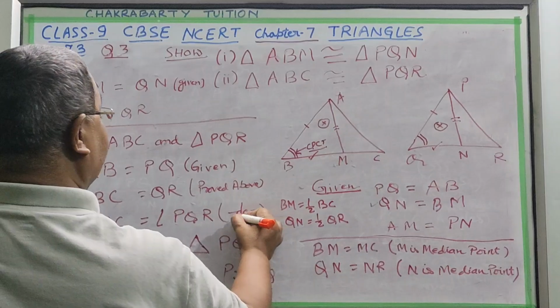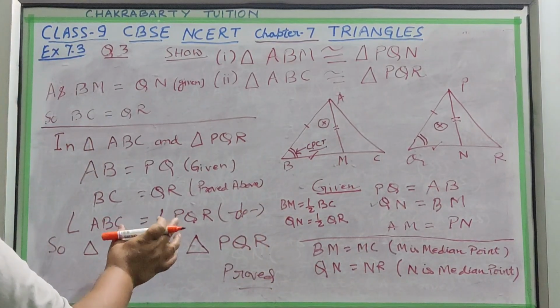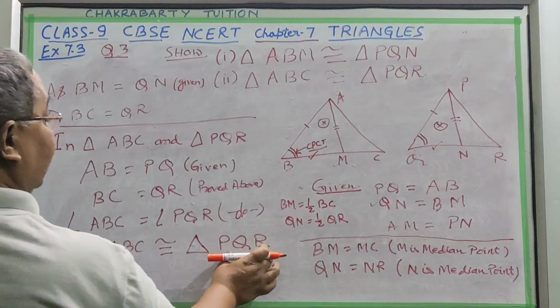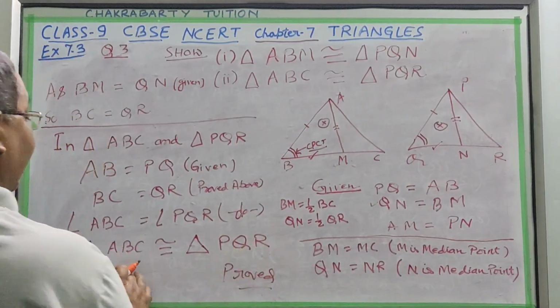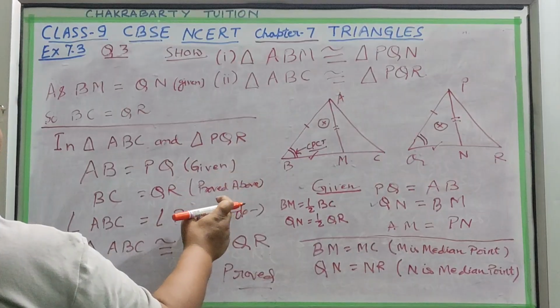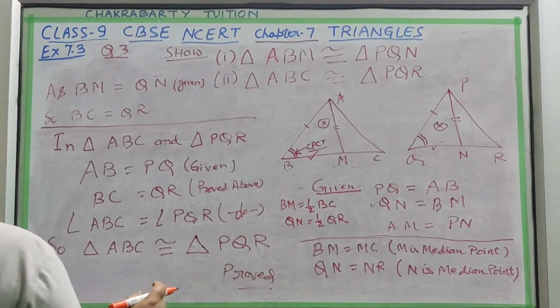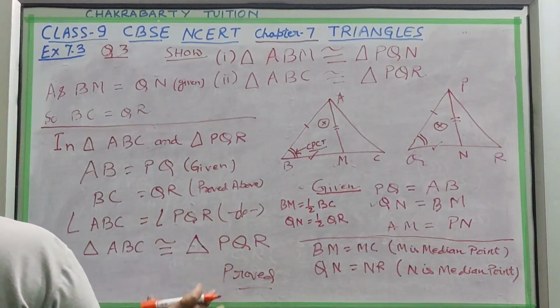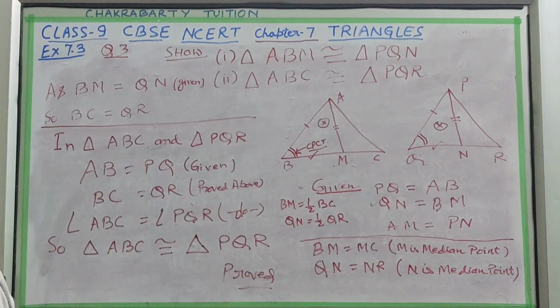It means three criteria are there: triangle ABC is congruent to triangle PQR. What is our criteria? Our criteria is side-angle-side, which we have taken. Now this question is over.